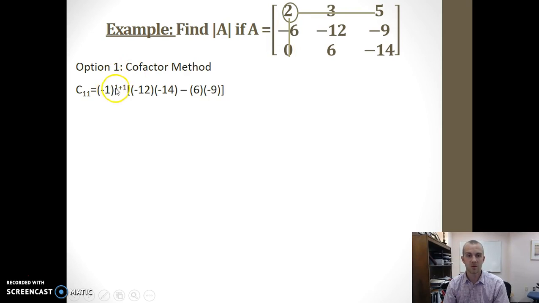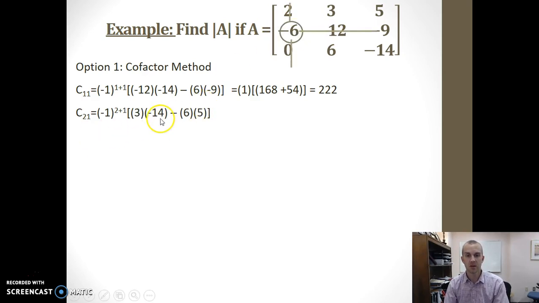So that's -1 raised to the 1 plus 1. And then I'm just finding the determinant of this 2 by 2 that's left. I simplify and I get 222. Now I'm going to find the cofactor of my element here at -6, which is row 2, column 1. So that's the cofactor of 2, 1.